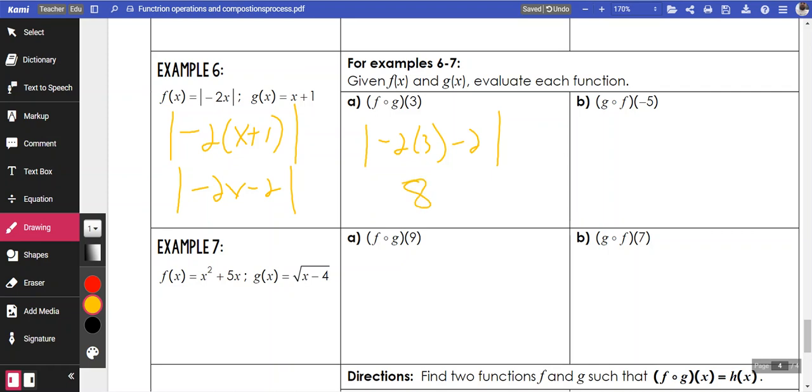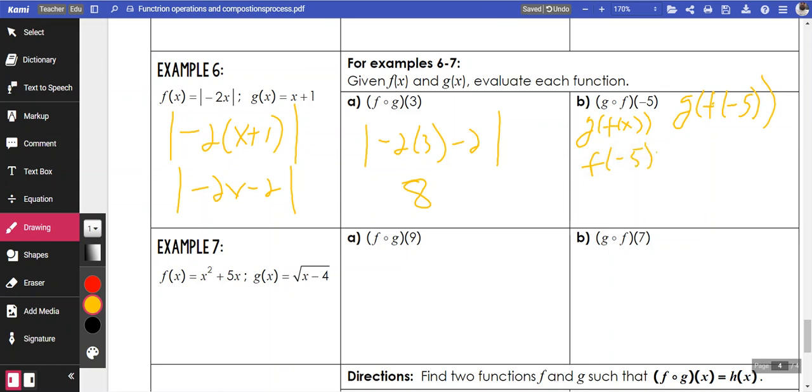If you go the other way, you want to find g of f of x, and they want you to find that of negative 5. So another way you could do it, if you didn't like how I did it that way, is you could first find f of negative 5.